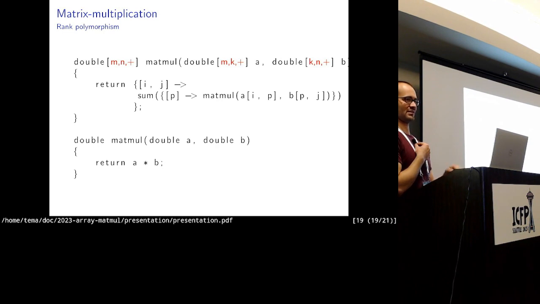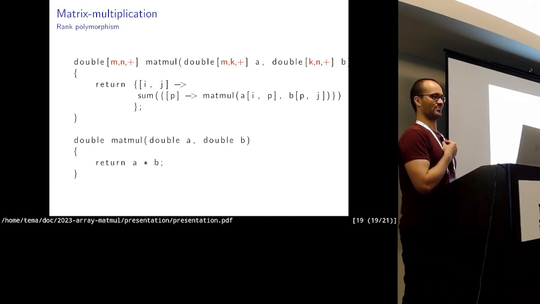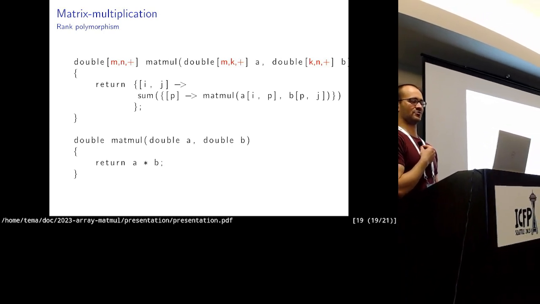The plus is really any number of dimensions that come after it, and the only thing we ask is that the first two dimensions line up, and then we can do this recursion on the shape until we have scalars, and then it's just normal multiplication. And this way we can encode the entire strategy of our blocking into the shape of the arrays.